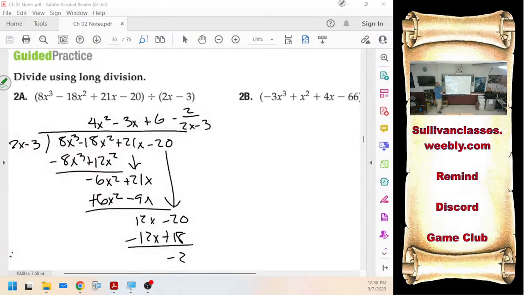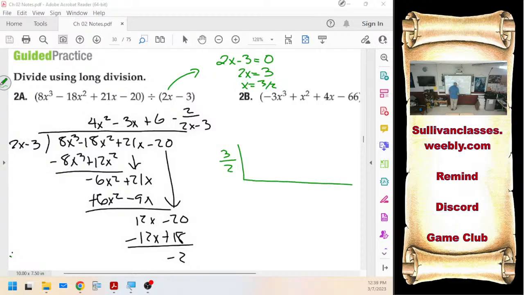Okay, so you already have that on your paper. I want you to do synthetic division next to this. But what is my dividing term? Right? So I'm going to need 3 halves here with 8, negative 18, 21, negative 20. We know how synthetic division is supposed to work.